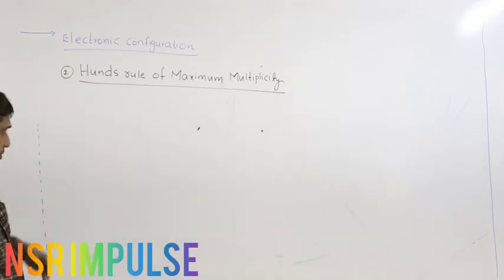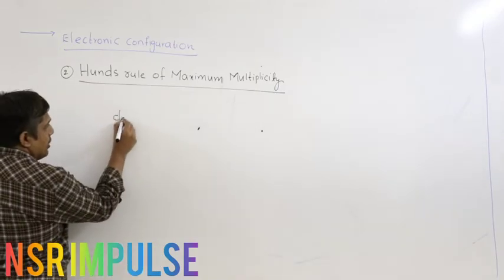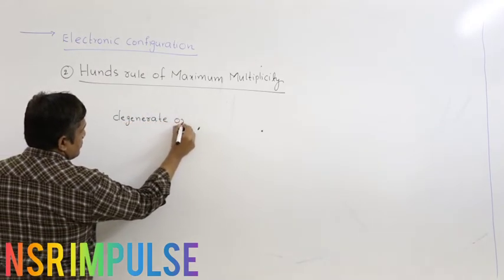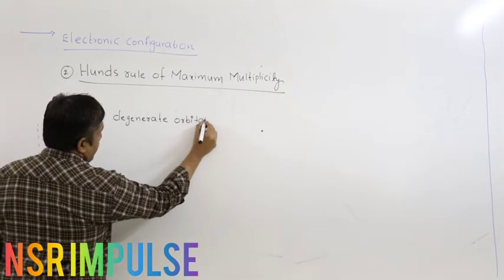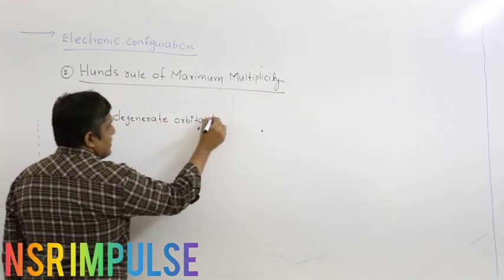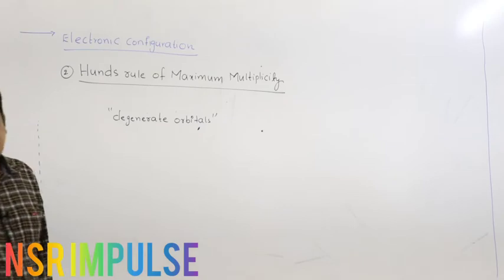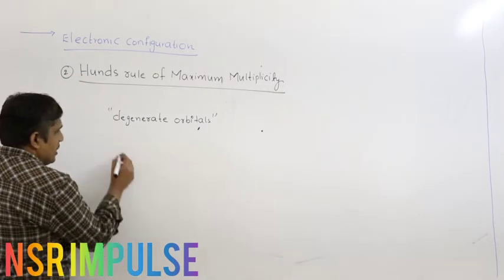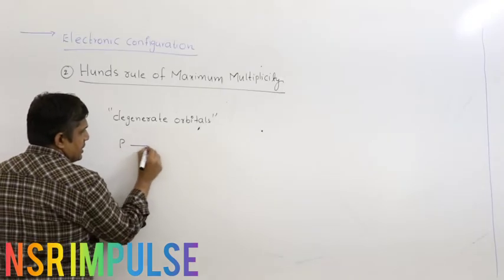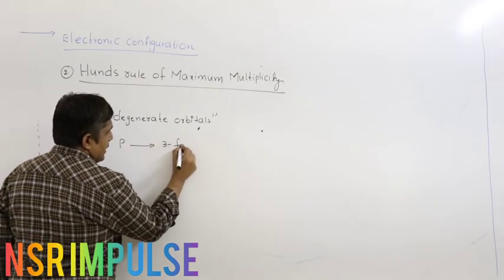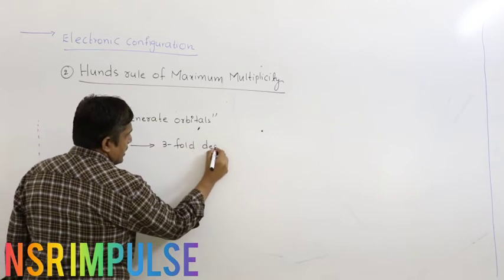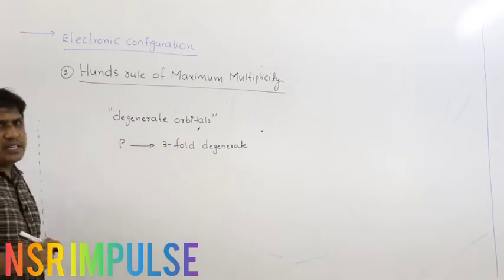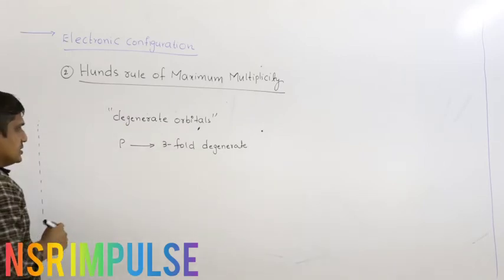What is the meaning of this? Degenerate orbitals are the orbitals having the same energy. For example, the p subshell is threefold degenerate. That means the Px, Py, Pz orbitals have the same energy.